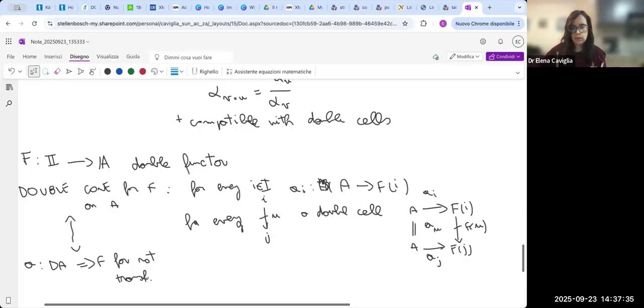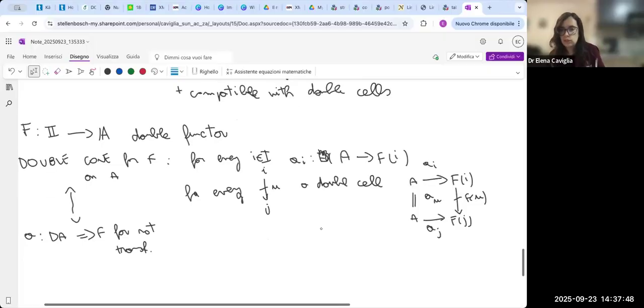So we have this kind of natural transformation, and what it amounts to is a bunch of arrows of this form, but also a bunch of two cells. And then we have naturality conditions.